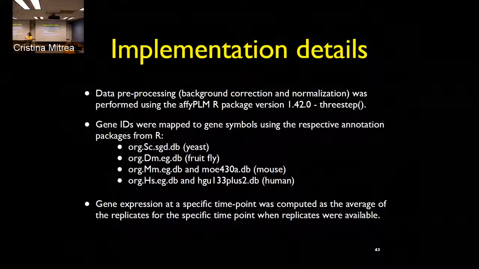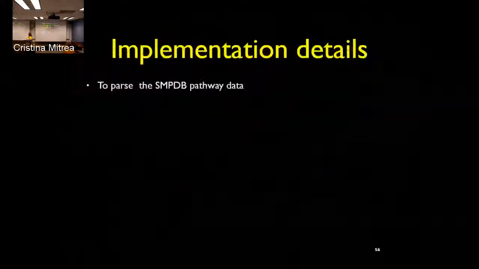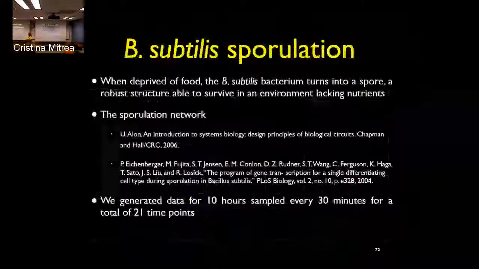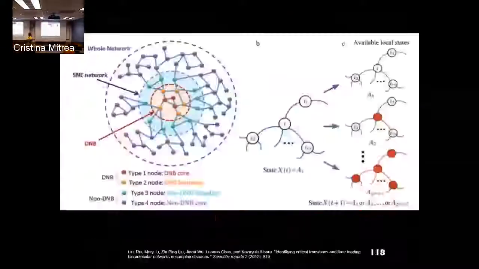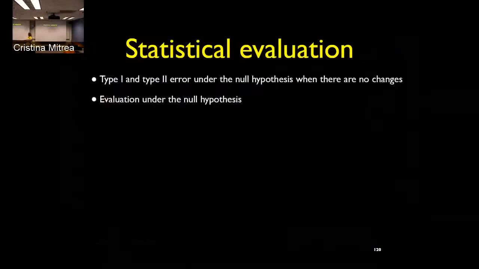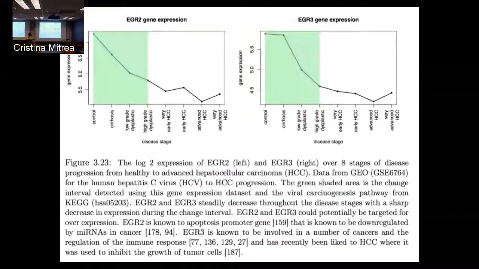And specifically, I have some slides at the end. So by looking in the change interval, we also looked at the genes that change there, and that are on the pathway that we actually used for our analysis.